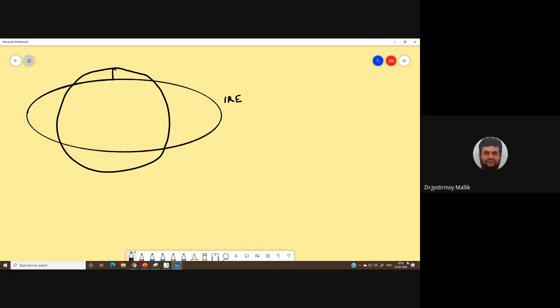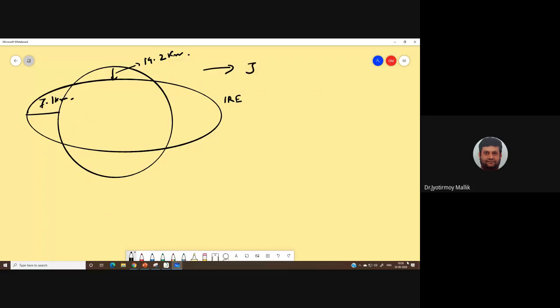We said this distance is 14.2 kilometers, and this distance is 7.1 kilometers. So this adjustment that we are doing from the sphere to the international reference ellipsoid is attributed to J2.